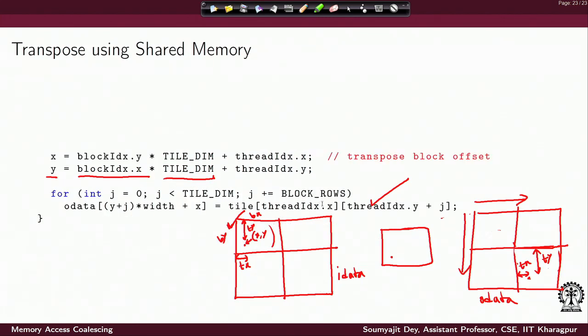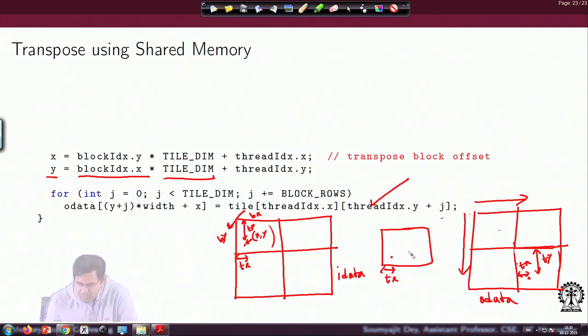But now here you use the X to check the tile's xth row instead of using Y to go to the tile's yth row. Essentially that means you are not using data from the identical location to write to the flipped block. Because then what would happen? You just change the position of the data with respect to changing the whole block's position, but you don't do the complete transpose.